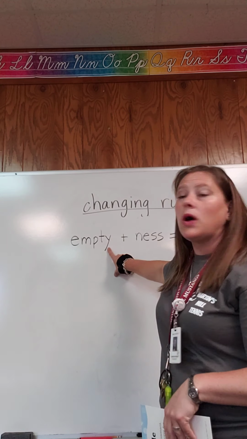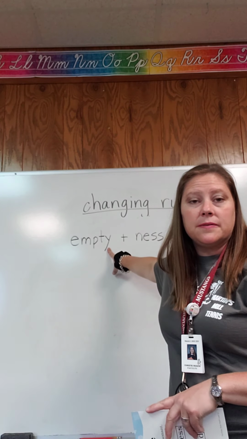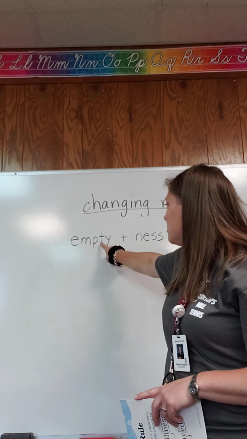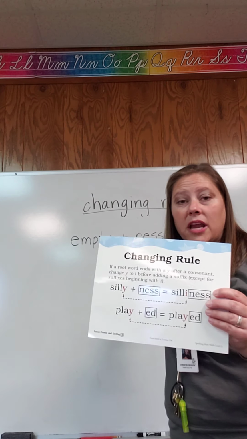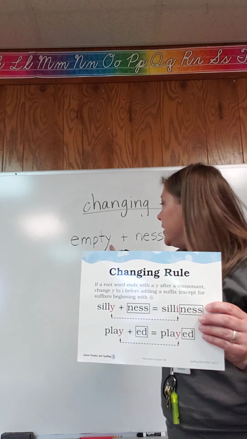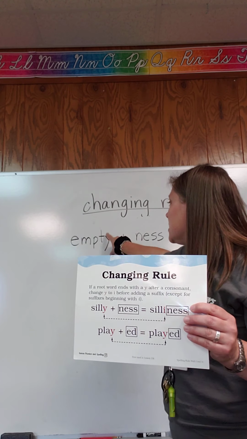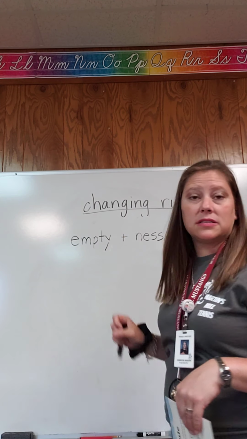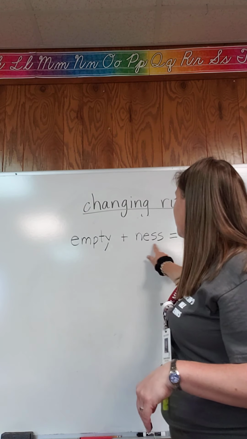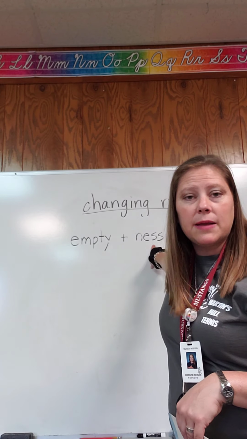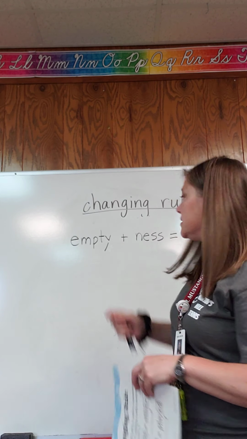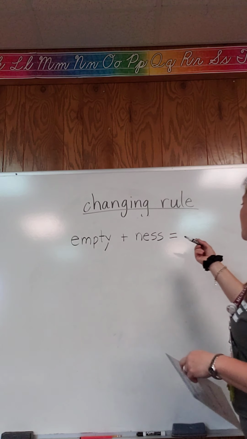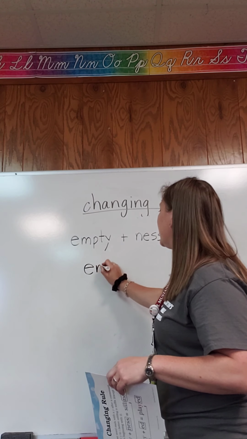Is this Y followed by a consonant? Yes, it is. It's followed by a T. So we know from this changing rule that if it's followed by a consonant, we're going to change that to an I before we throw that suffix on there. Does this suffix start with the letter I? No, it doesn't.